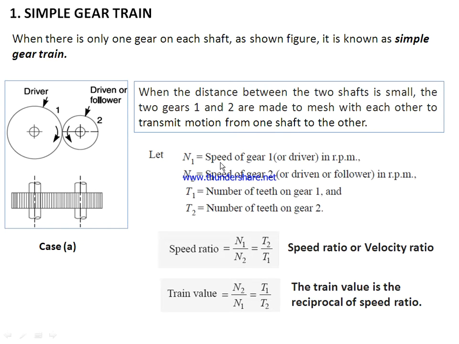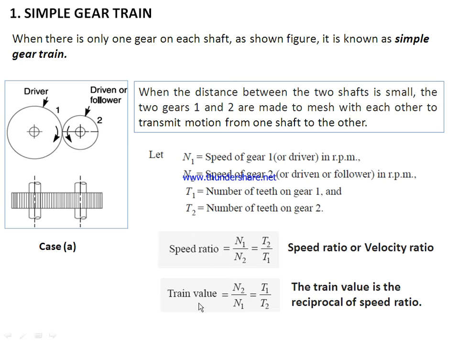Now if N1 is the speed of gear 1, also called the driver, and N2 is the speed of the driven or follower, gear 2, and T1 is the number of teeth on gear 1 and T2 is the number of teeth on gear 2, then the speed ratio is given by the ratio of speed of driver to driven, that is, N1 by N2 equal to number of teeth on the follower or driven divided by number of teeth on the driver.